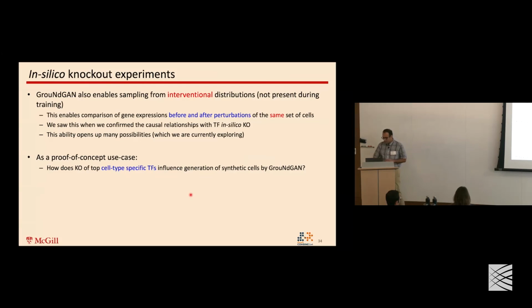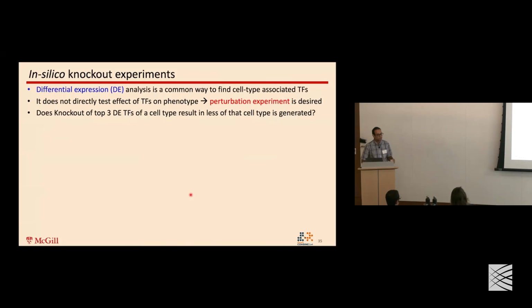So if you think about cell type specific genes or transcription factors, a common way that we approach that is using differential expression analysis. So we compare a cell type against other cell types, and find top differentially expressed genes or TFs. And here, using the experimental data, we found top 3 TFs differentially expressed for the cell types.